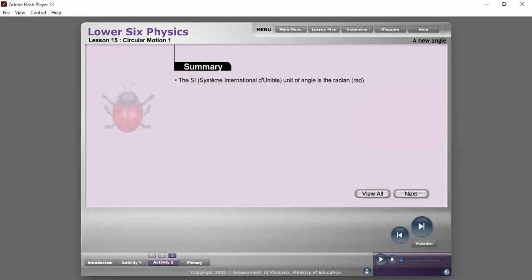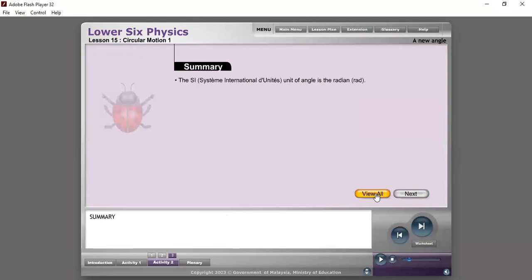Summary: the SI, Système International d'Unités, unit of angle is the radian, rad. 1 radian is about 57 degrees and is the angle subtended at the center of a circle by an arc on the circumference equal in length to the radius.